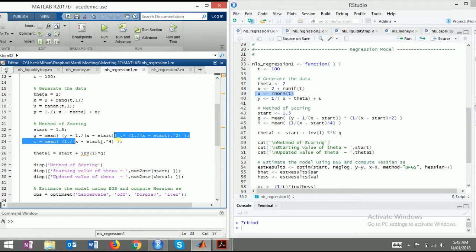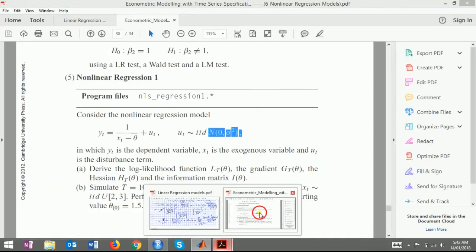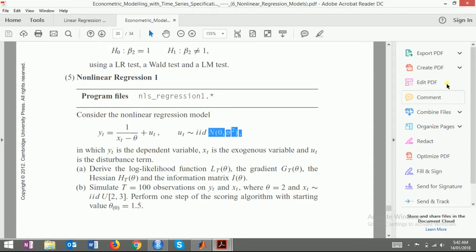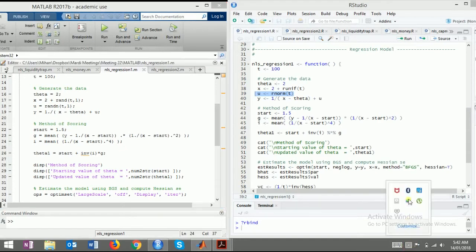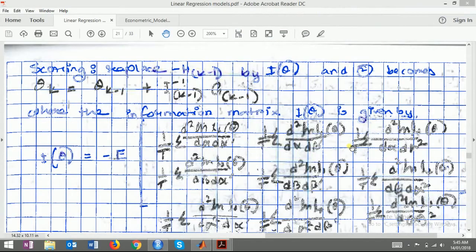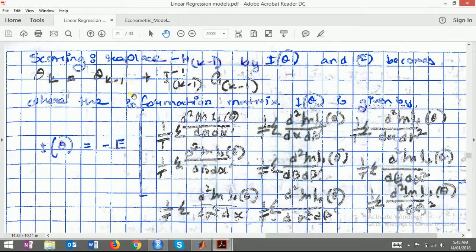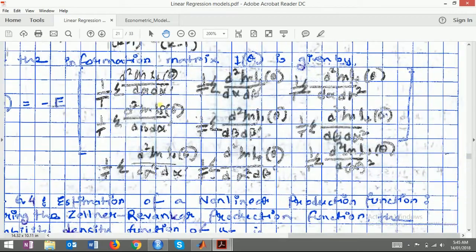This multiplied by the term squared. So basically y minus this, minus squared, is the method of scoring. So we are doing the scoring algorithm here. If we can recall, scoring replaces the negative Hessian with the information matrix, and theta becomes theta k minus 1 plus the gradient divided by the information matrix.